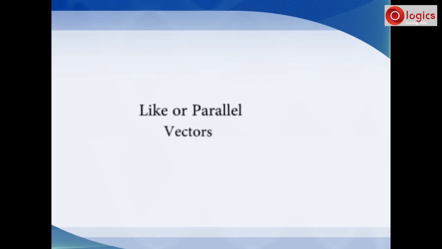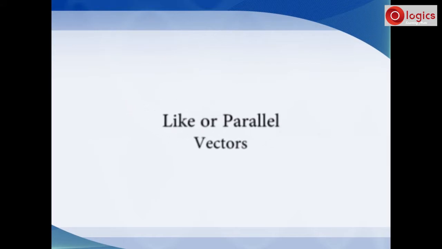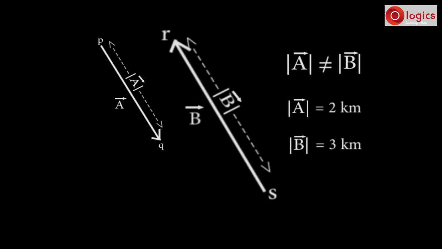Now, let us see what are like vectors. Here, A bar and B bar have different magnitudes, that is, modulus of A bar equals to 2 kilometers and modulus of B bar equals to 3 kilometers.